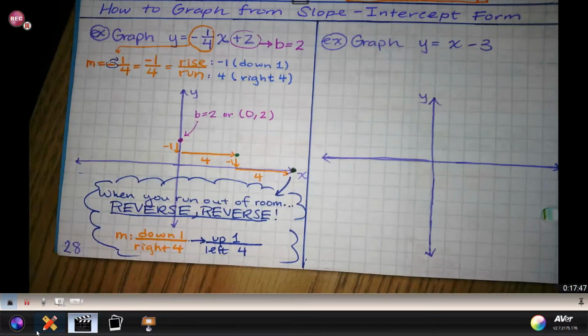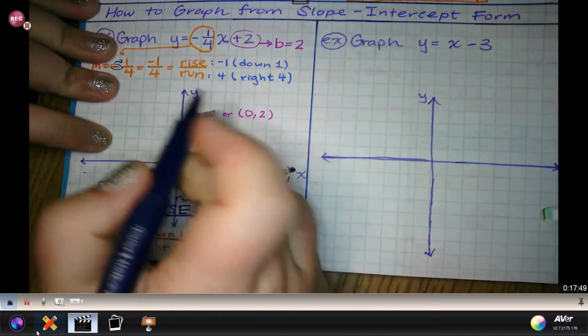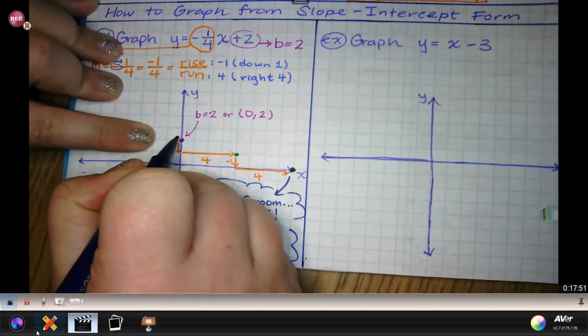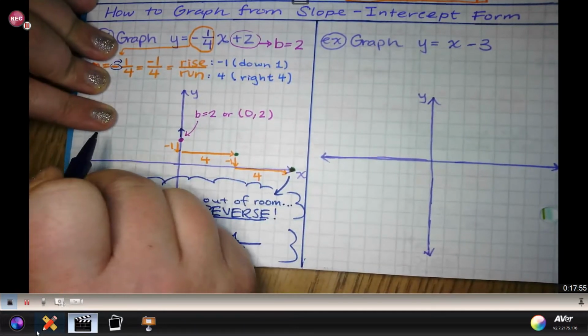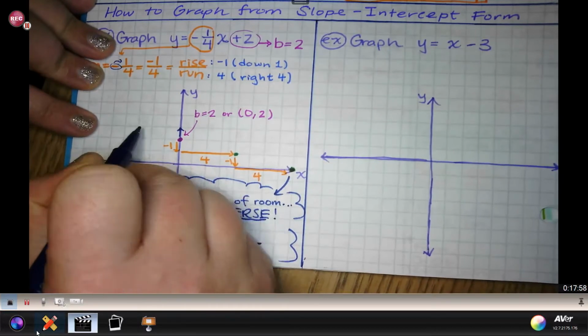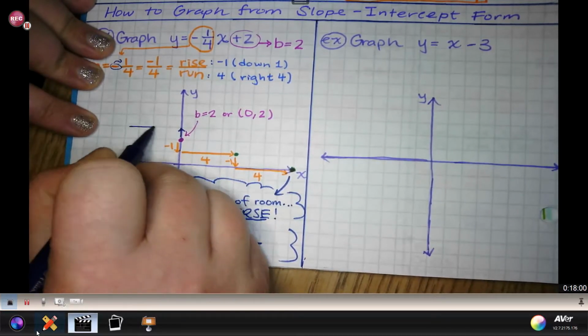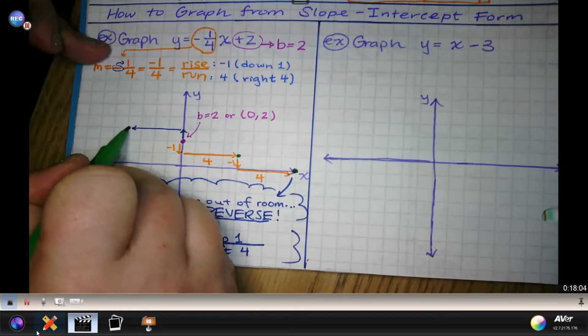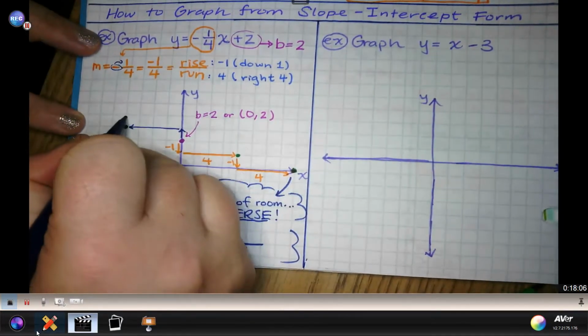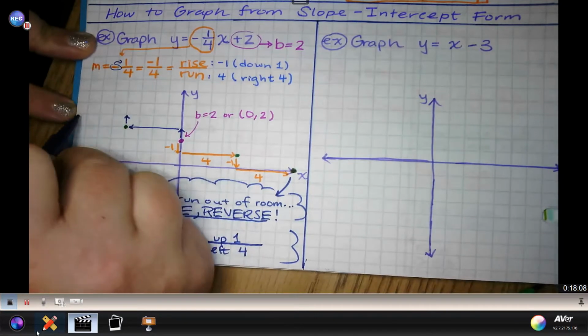So if I'm going to go reverse, and I'll use this new color here, then I'm going to go back to my starting point and go up 1 and back 4. So 1, 2, 3. And that is my new point. And again, from that new point, I can again go up 1.